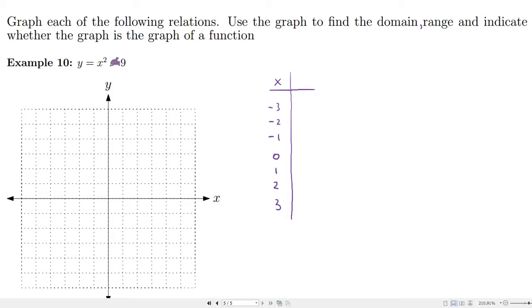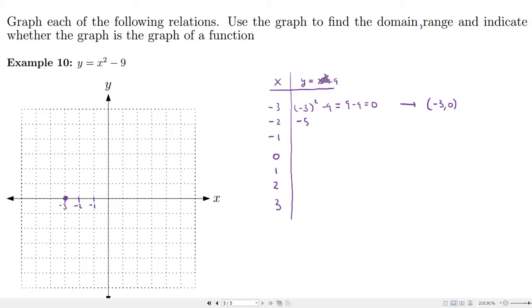So at -3, if I plug that in, then we're getting -3, right, squared minus 9, so that's 9 minus 9. So that's 0. So that gives us a point, right? -3, 0. If I plug in -2 and square that, then we get a 4. 4 minus 9 is -5.